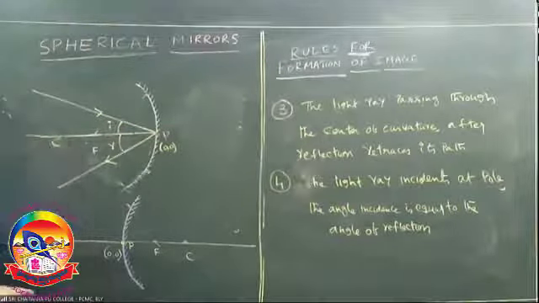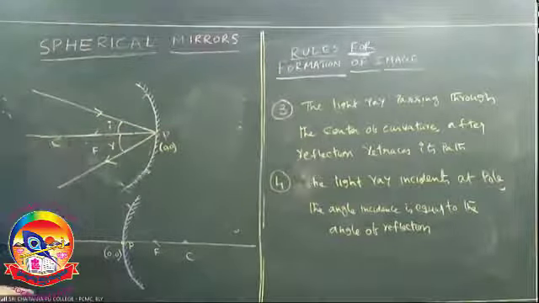So tan 2 theta is equal to opposite side AM by M to F, so P to A by P to F. Once again cross multiplication: PA is equal to PF tan 2 theta.